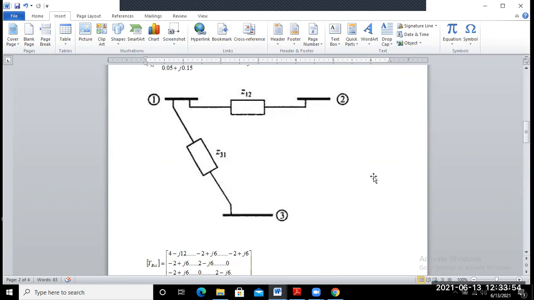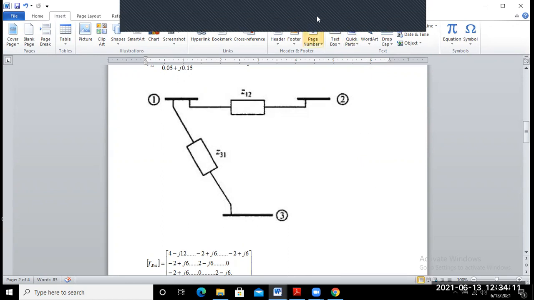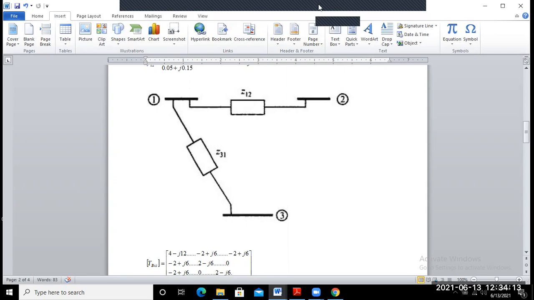Okay. So this is a various type of numerical you may find for solving the Y bus matrix. It is not too difficult if you practice this problem more frequently.